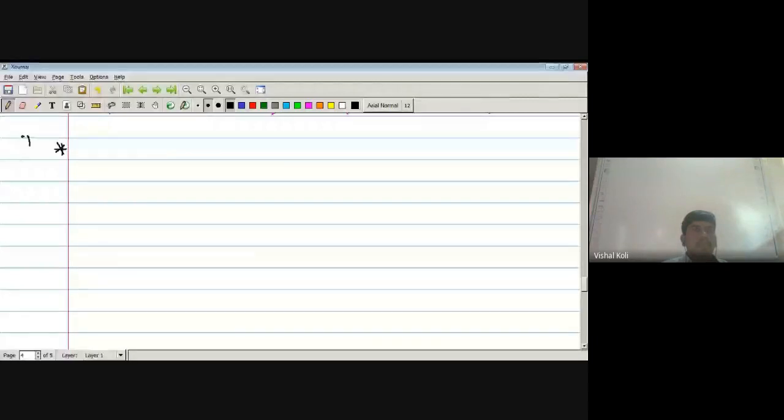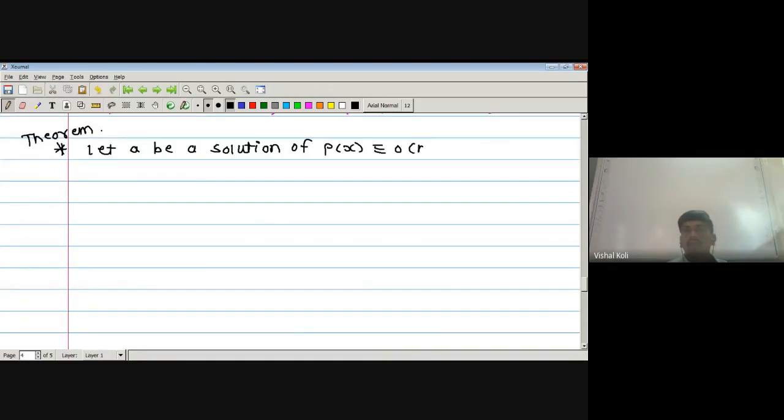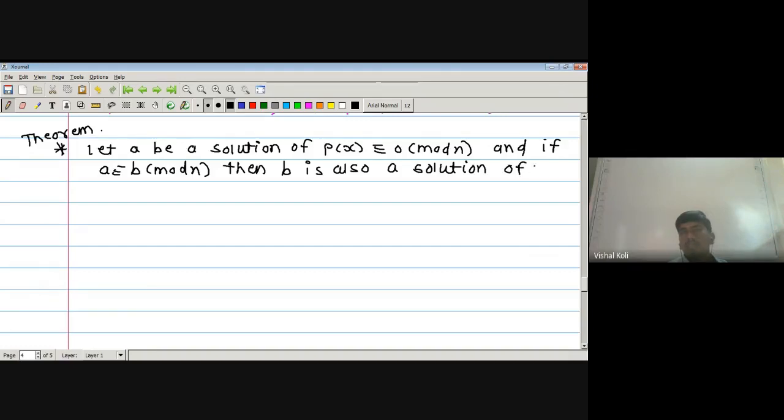Let A be a solution of P of x congruent to 0 modulo n, and if A is congruent to B modulo n, then we have to prove that B is also a solution of P of x congruent to 0 modulo n.